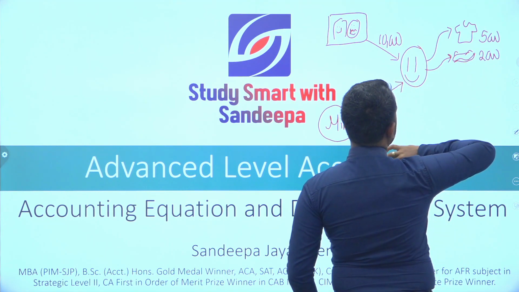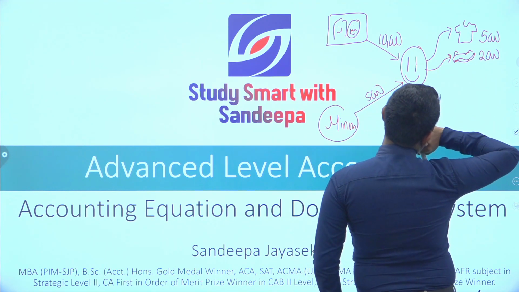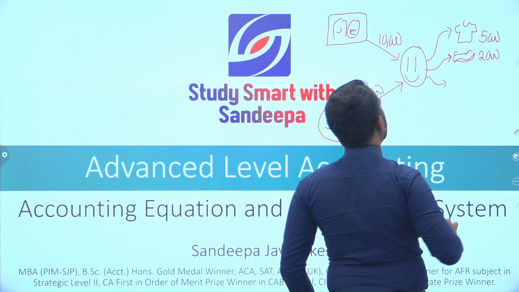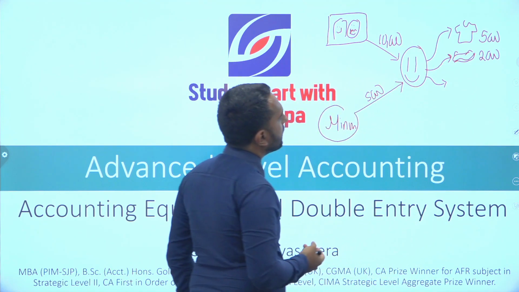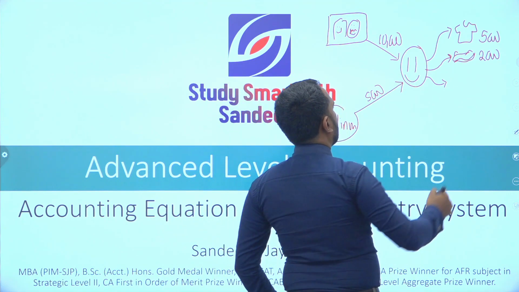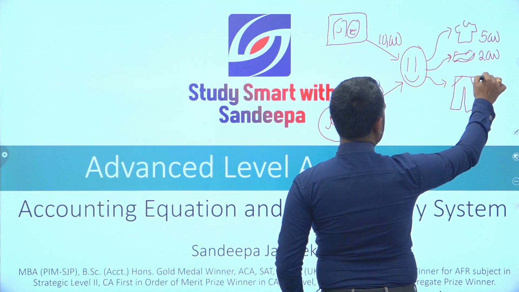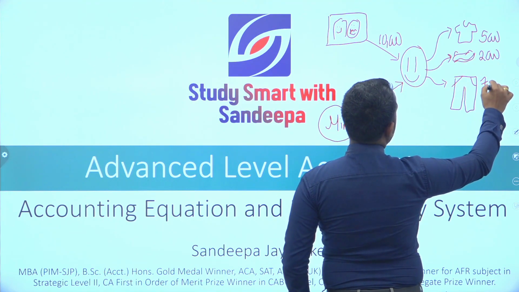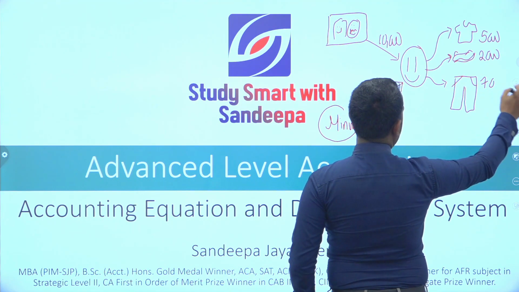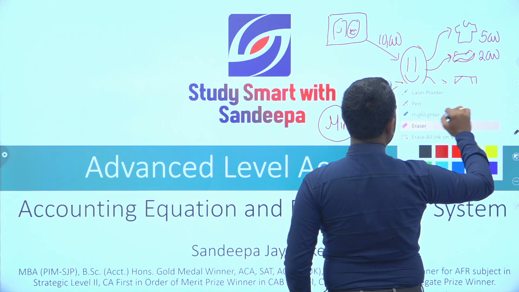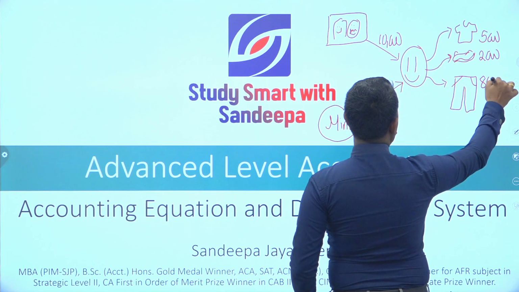And at the same time, let's say Ayomal is purchasing a trouser, කලිසමක් ගන්නවා, and the trouser has a value of, let's say, 8,000.